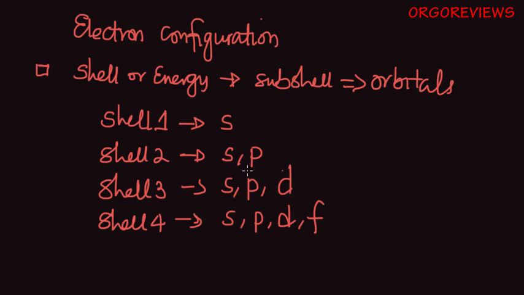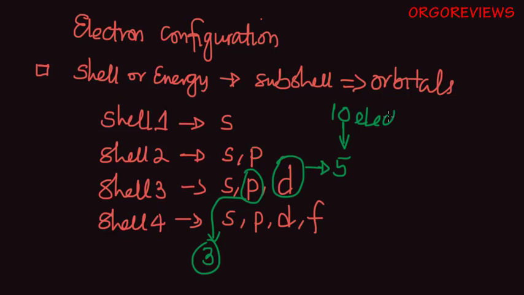Now, the interesting thing is that if you look at the orbitals of d and p, they have suborbitals. So d has 5 suborbitals and p has 3 of those. Each orbital can take up to 2 electrons. So what it means is that the d orbitals can take up to 10 electrons.